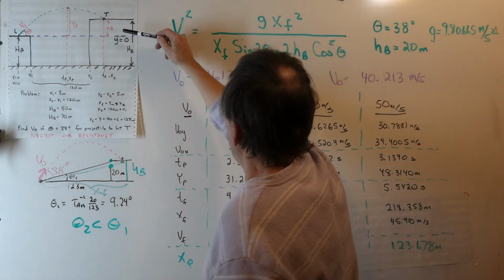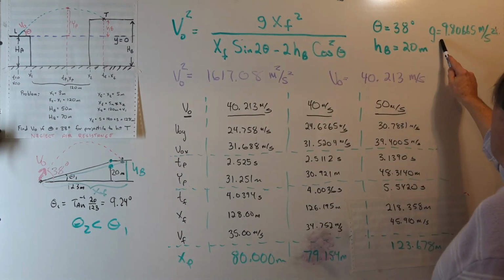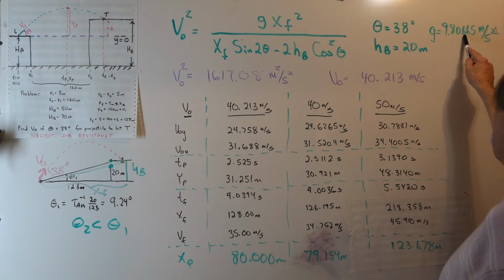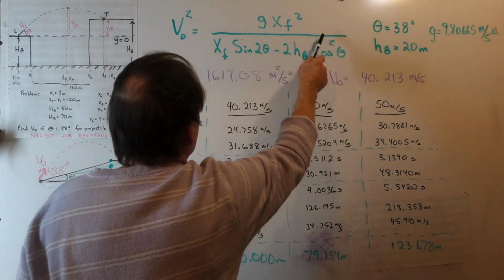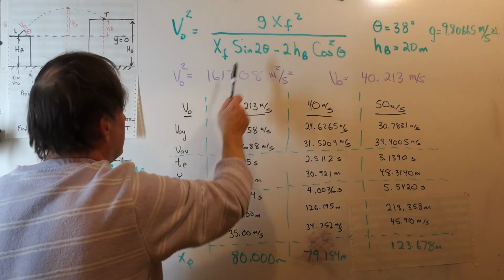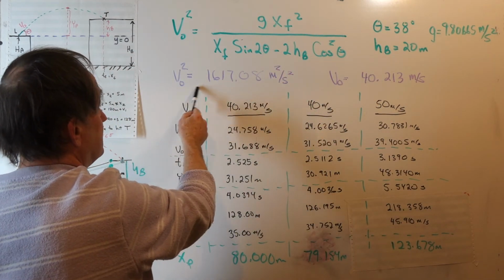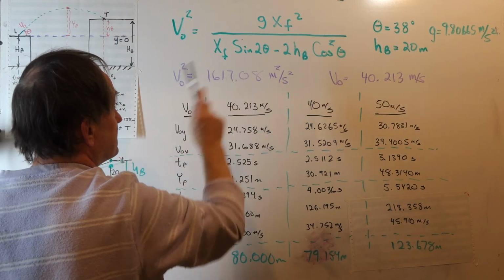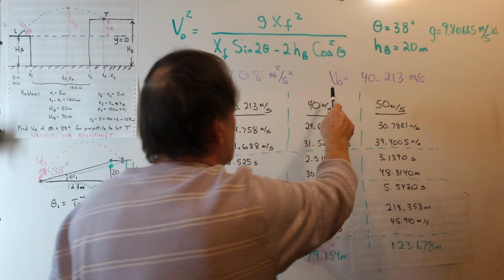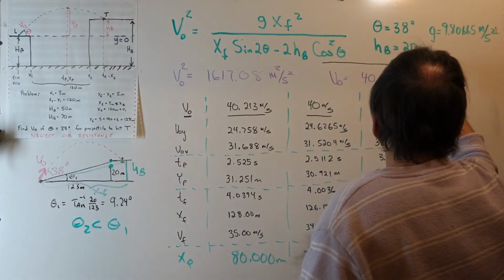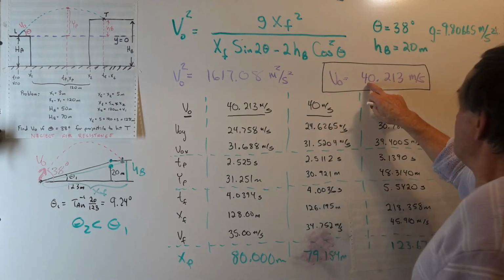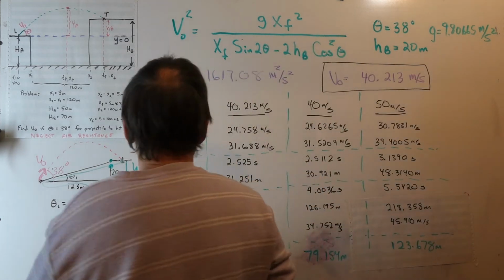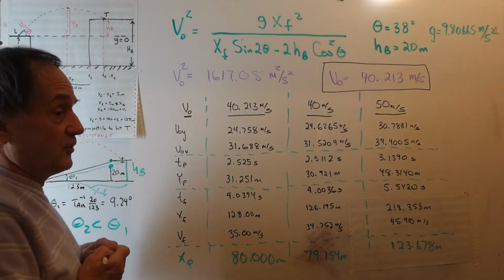The height difference between the buildings is 20 meters, and our acceleration due to gravity, this is the standard acceleration due to gravity, 9.80665 meters per second squared. When you put those numbers into this equation, this is what we get for the velocity squared: 1617.08 meters squared per second squared. Take the square root of both sides. So our initial velocity to hit the target has to be 40.213 meters per second.